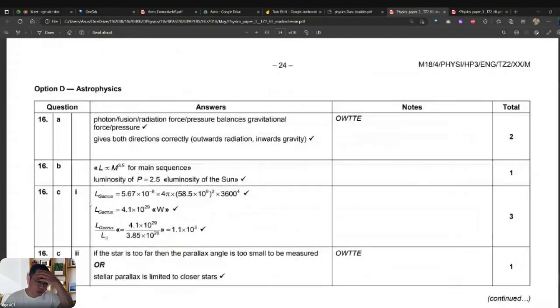The fusion radiation pressure, or the forces caused by that nuclear fusion, generate an outward pressure, which balances out the gravitational attraction.